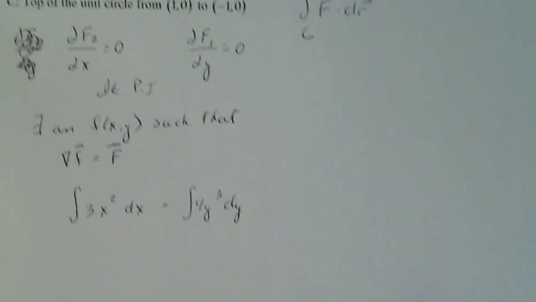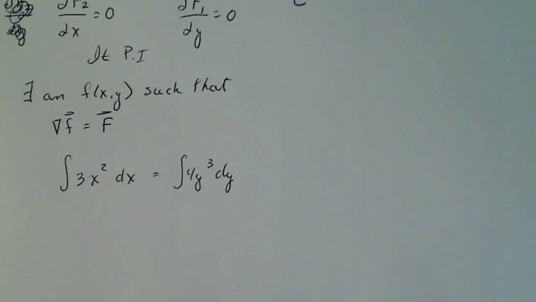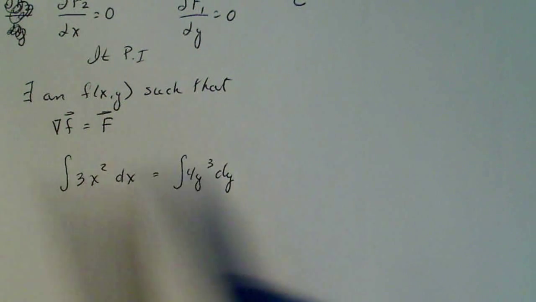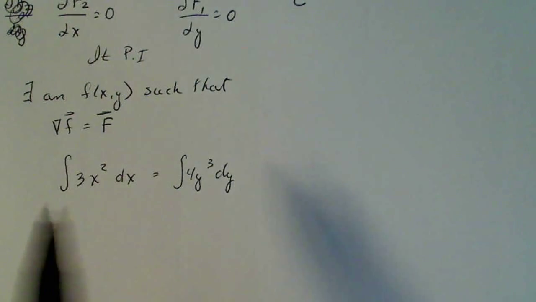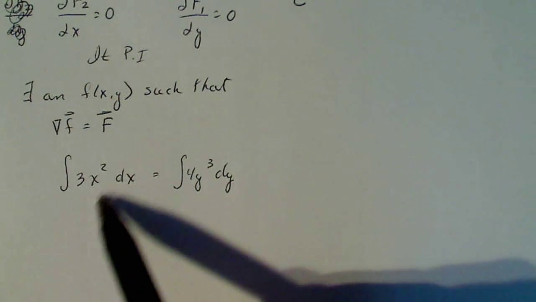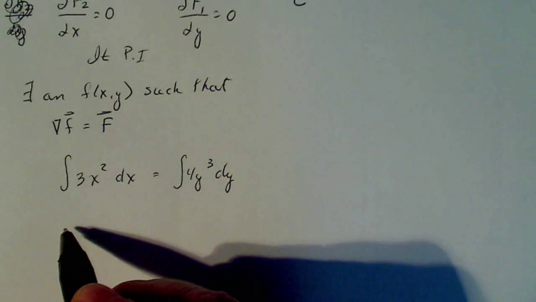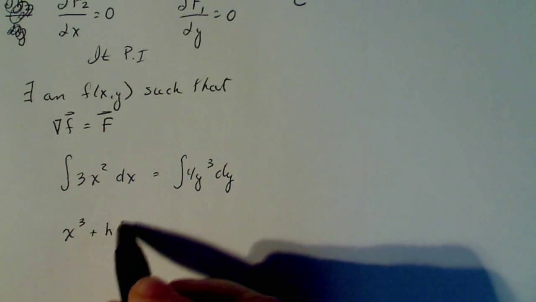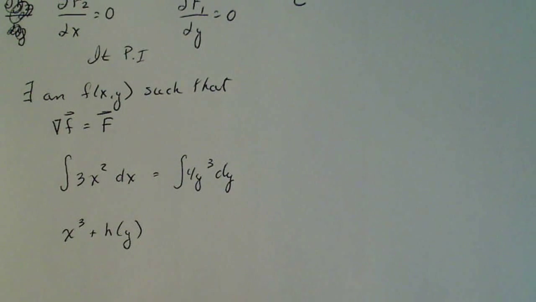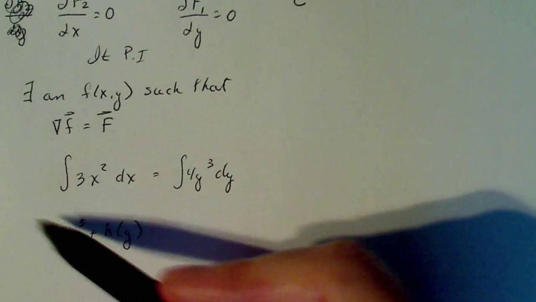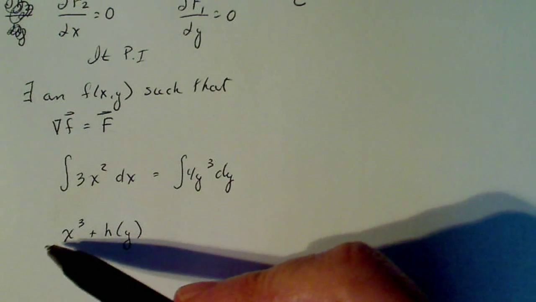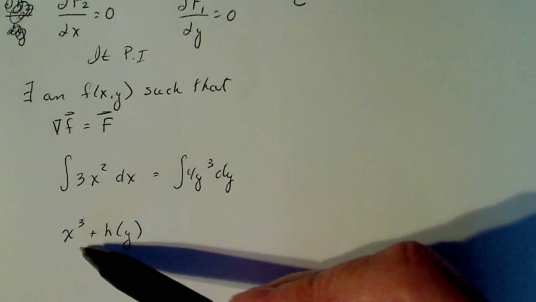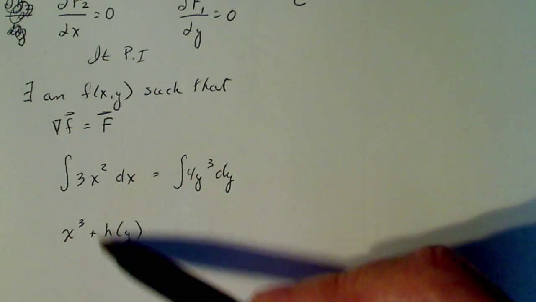Now this seems lovely and all. This seems very straightforward, but because everything is in terms of x and y, we have a little extra thing to think about. If I integrate 3x squared with respect to x, I actually get x cubed. But there's also the chance that I could have a function that's in terms of y only. If I went backwards and took the partial of this with respect to x, I would get 3x squared, but then this would be 0 because there's only y's in it.